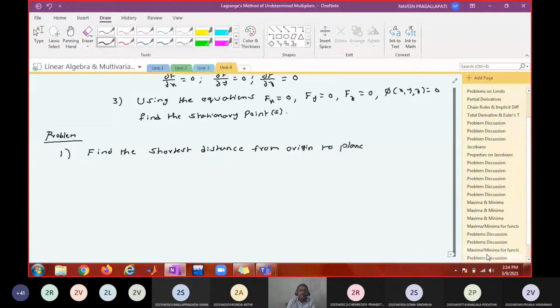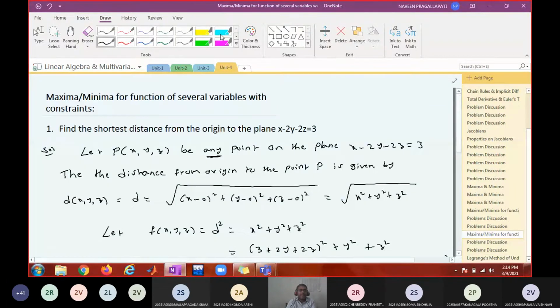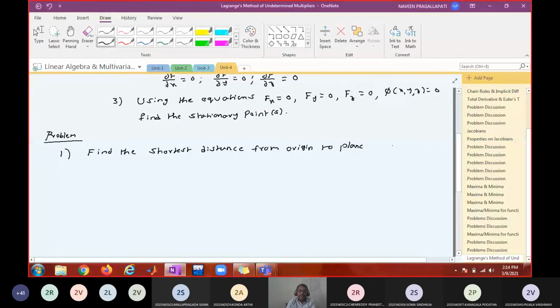What is that plane equation? Can you tell me? In yesterday's problem, x minus 2y minus 2z equal to 3.